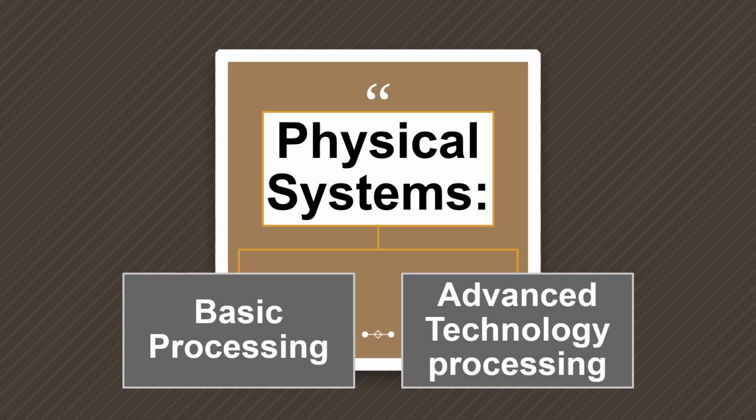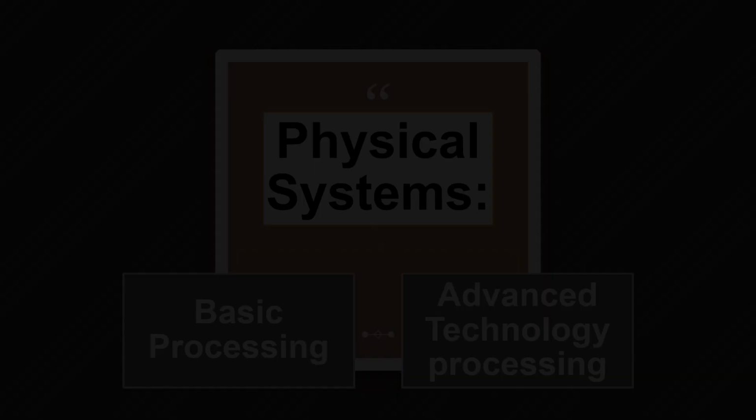After we discuss the conceptual system of the purchase expenditure cycle, let us here discuss the physical systems in the two sides of it: the basic computer processing or the advanced technological processing. Sometimes we call it the integrated system.